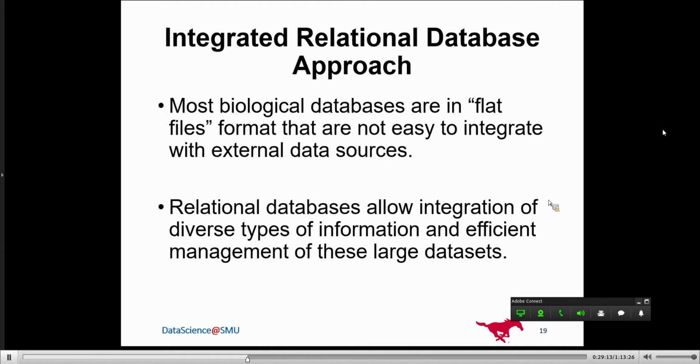So the approach we propose is to build an integrated and relational database. Because currently most biological databases are in flat files, it's not easy to integrate with external data sources. We propose to build a relational database that allows integration of diverse types of information and will efficiently manage those large data sets.